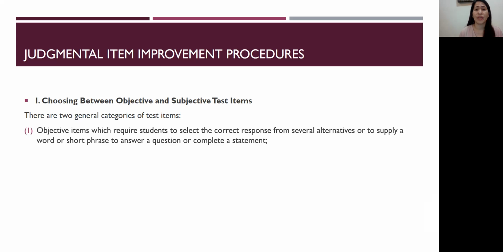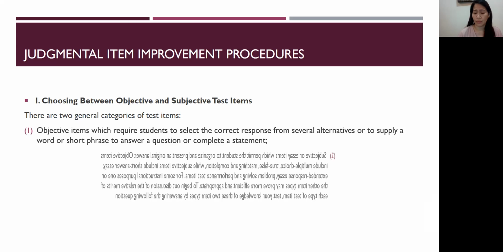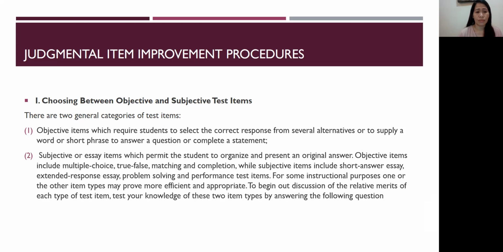Number 2, subjective or essay items, which permit the students to organize and present an original answer. Objective items include multiple choice, true-false, matching, and completion, while subjective items include short answer essay, extended response essay, problem solving, and performance test items.